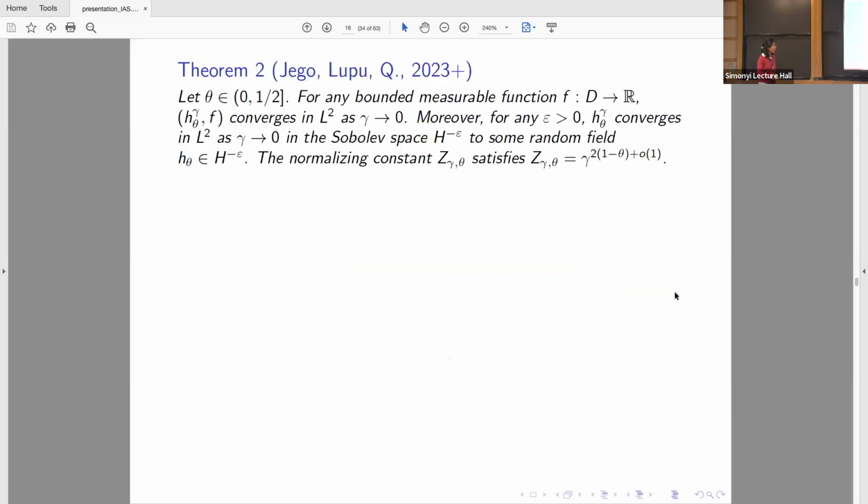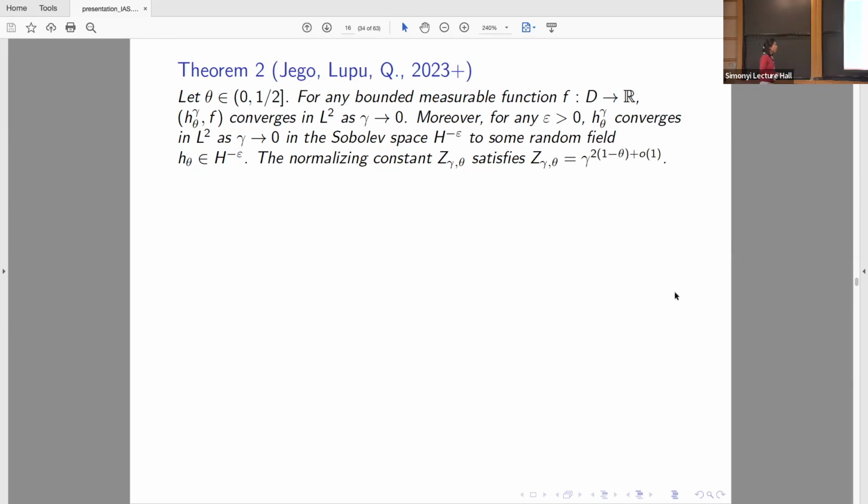And so our theorem is that for each intensity theta between 0 and 1/2, for any bounded measurable function f, this integral of h theta gamma against f converges in L2 as gamma goes to 0.